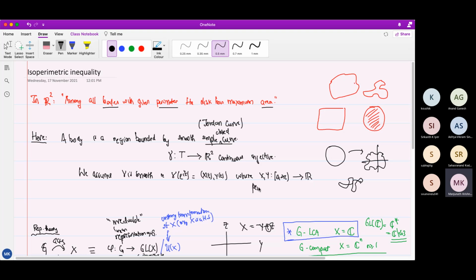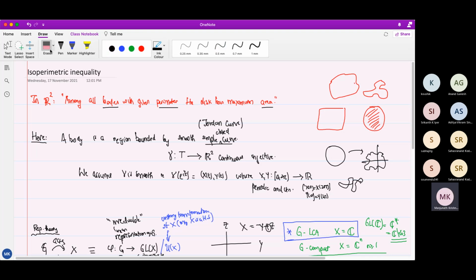These are periodic and continuous. Continuous means x of 0 is x of 2 pi, etc. But that is a curve.